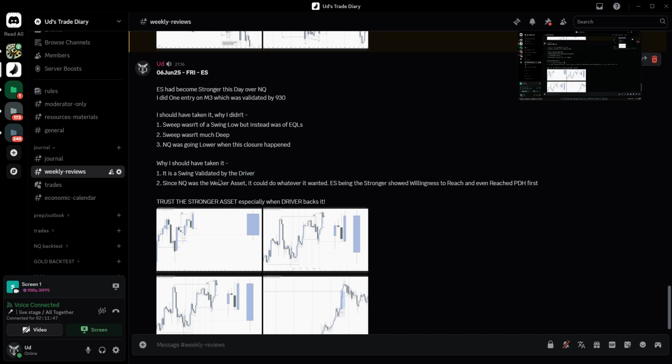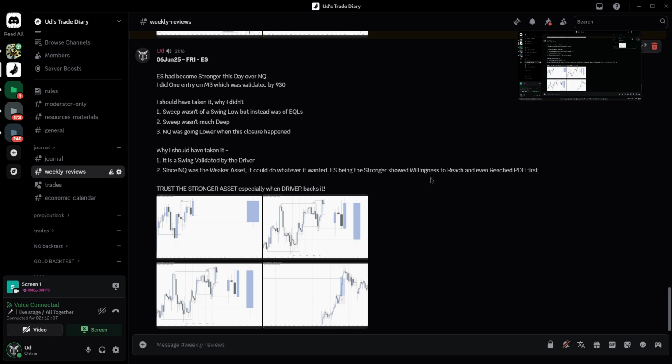Driver validates it, and NQ was the weaker asset here, so it makes sense that it was doing that kind of nonsense. I should have trusted it and I should have taken it. Trust the stronger asset, especially when the driver backs it. My learnings for the day.